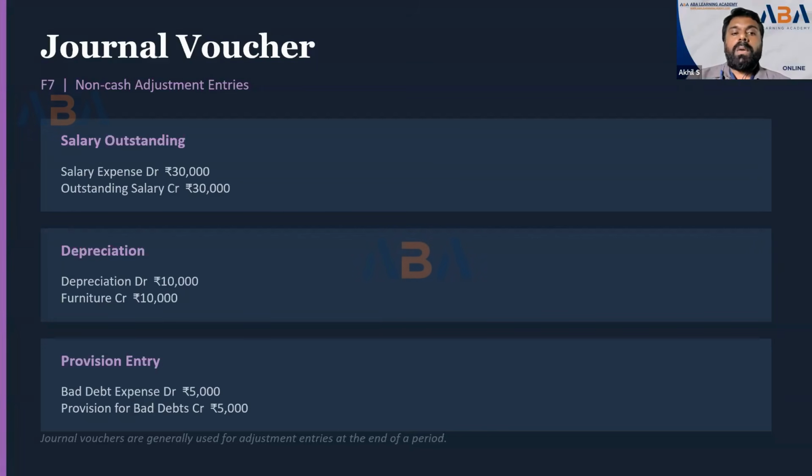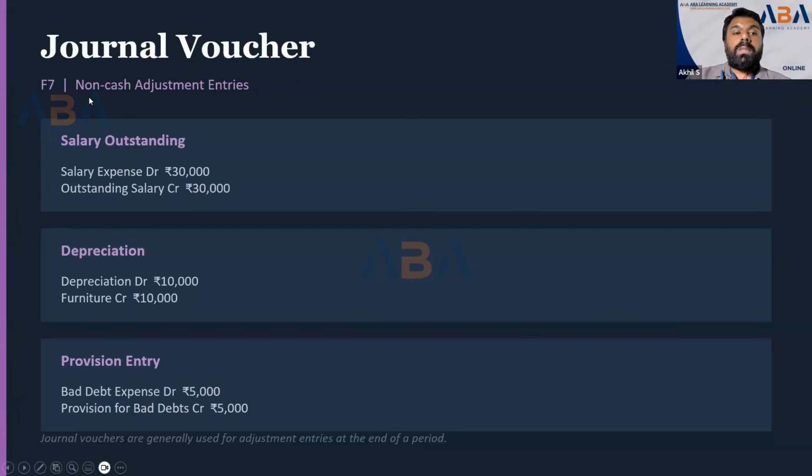If the debit or credit does not contain a cash or bank account, we post it using a journal voucher. It will have either income, expense, liability, or asset, not cash or bank. All the transactions apart from cash or bank, we post in the journal voucher.